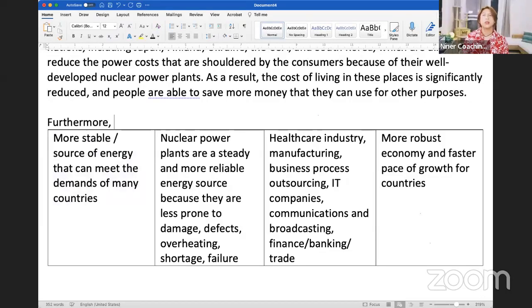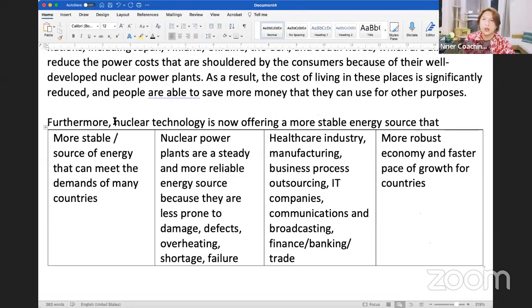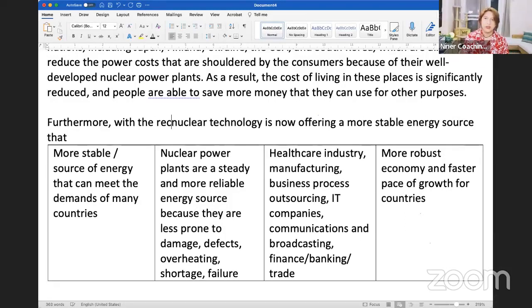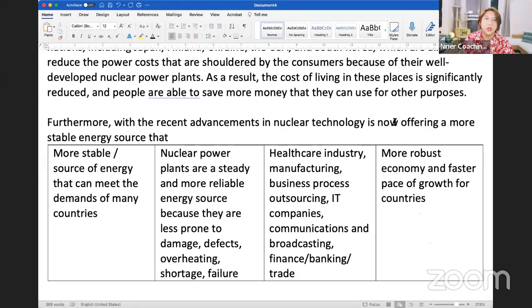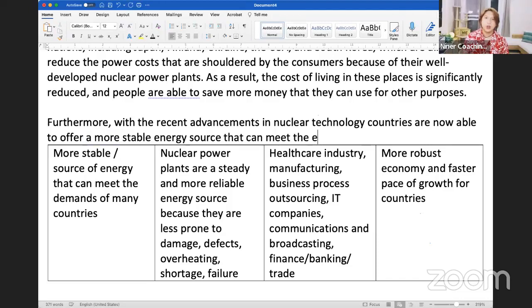Furthermore, with the recent advancements in nuclear technology, countries are now able to offer a more stable energy source that can meet the ever-growing demands of the world.